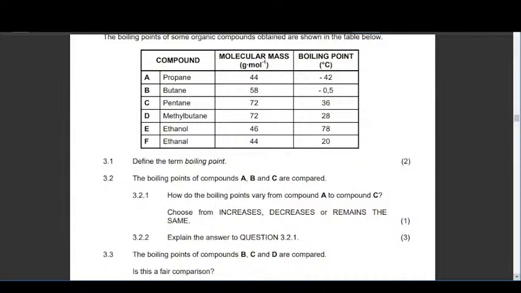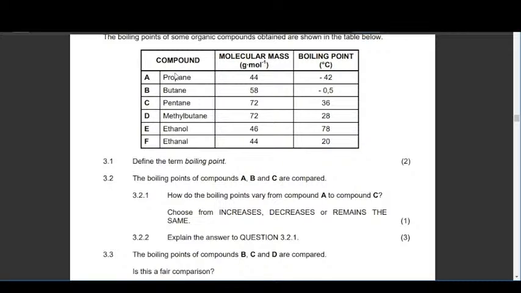Yes, the vapor pressure must be equal to the atmospheric pressure. So that's when the boiling point is reached.